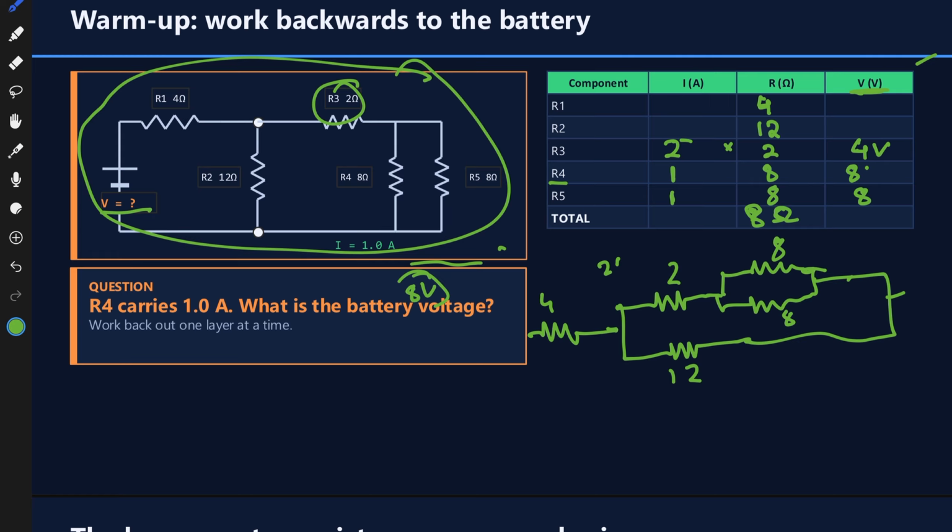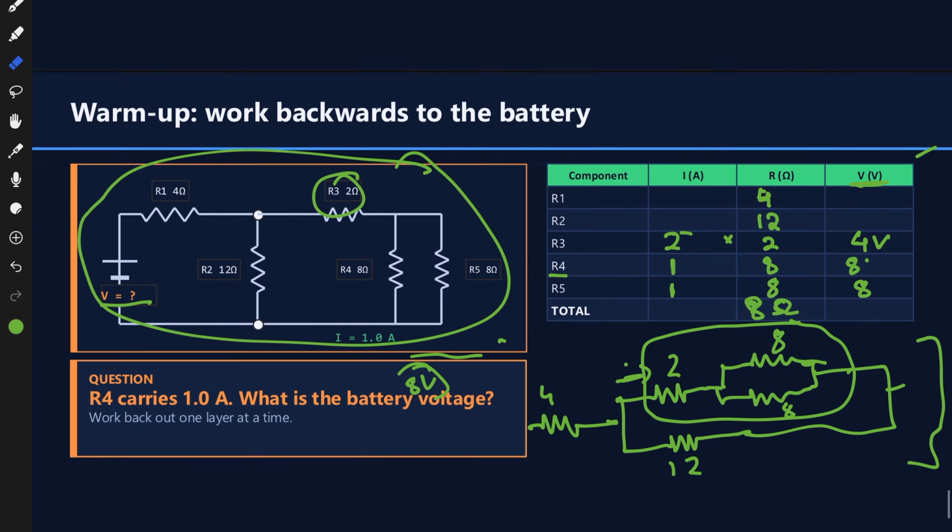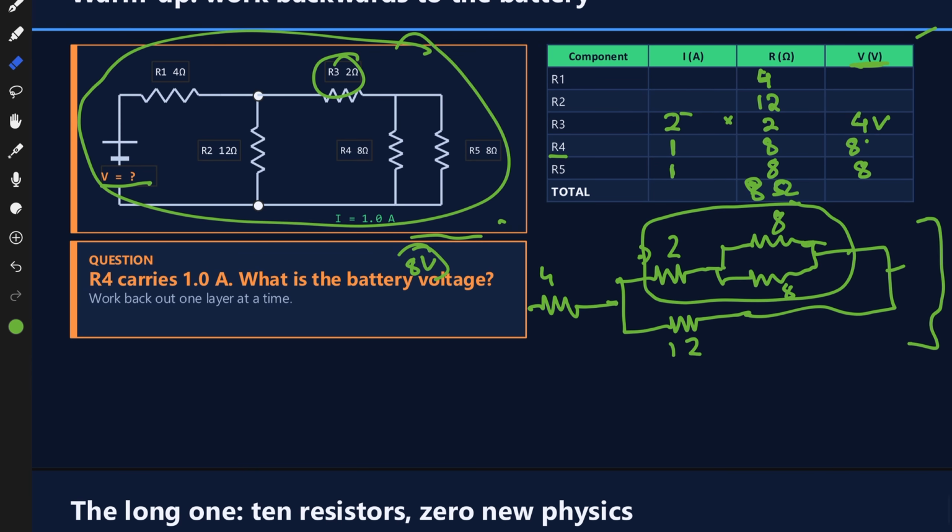Since there's 2 amps of current running through this side of the circuit, this upward branch of this entire parallel branch, then what else can we deduce from that? So we know there's 2 amps of current running here.